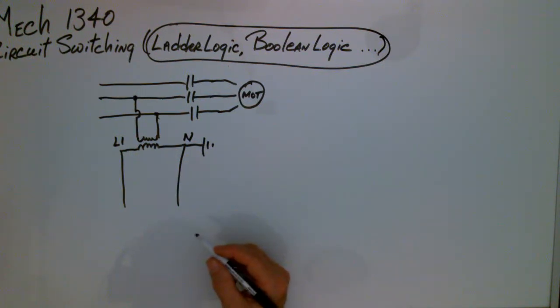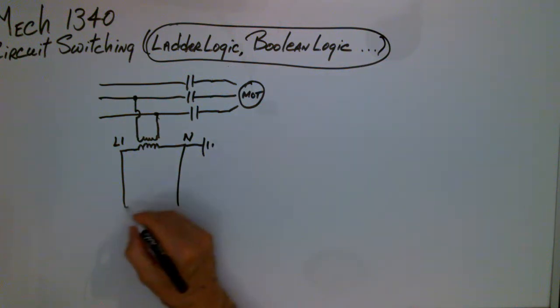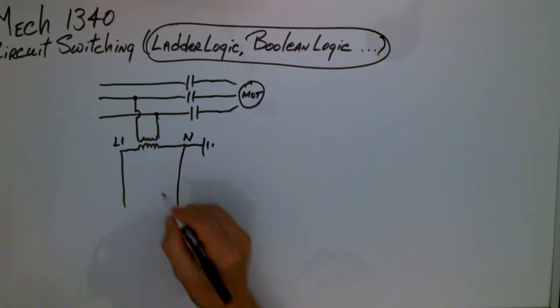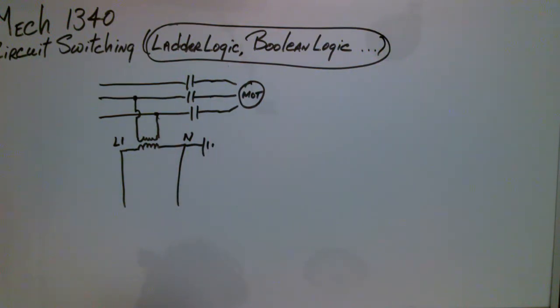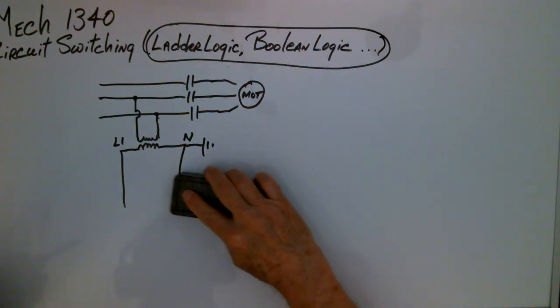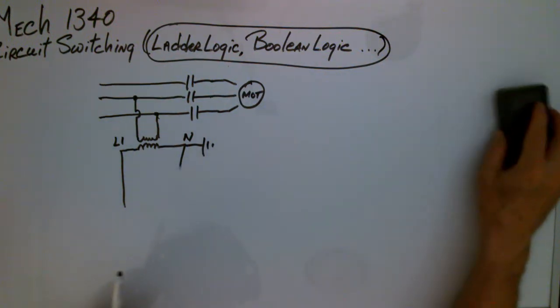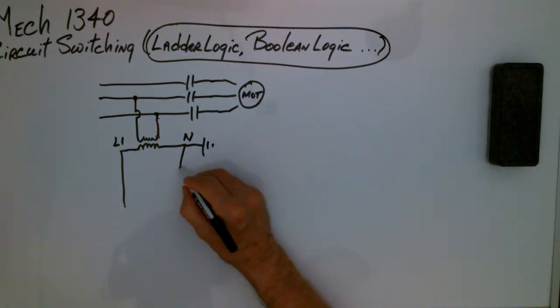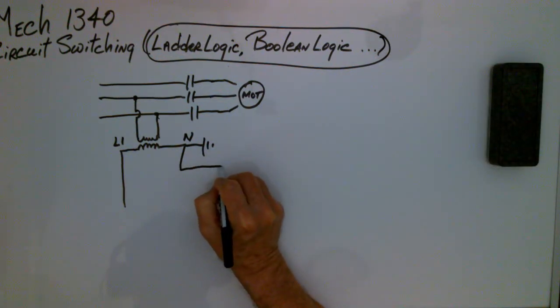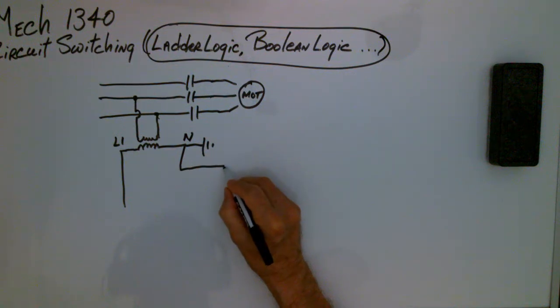So let's see if we can get something that we're all familiar with here. Well, let me give us a little room here. I've got an eraser here somewhere. I'll run my wire over this way so we can sketch a little bit more easily.